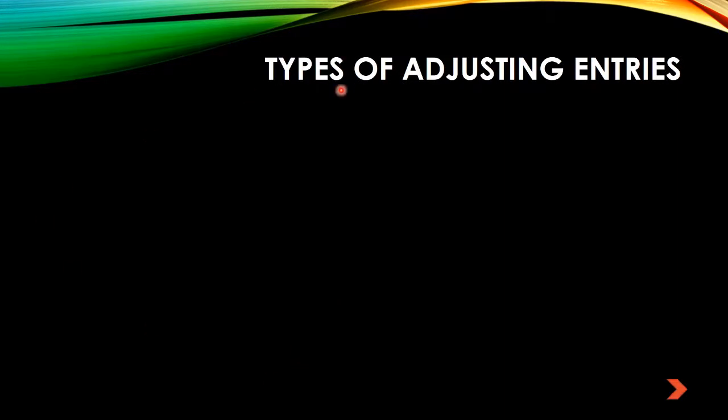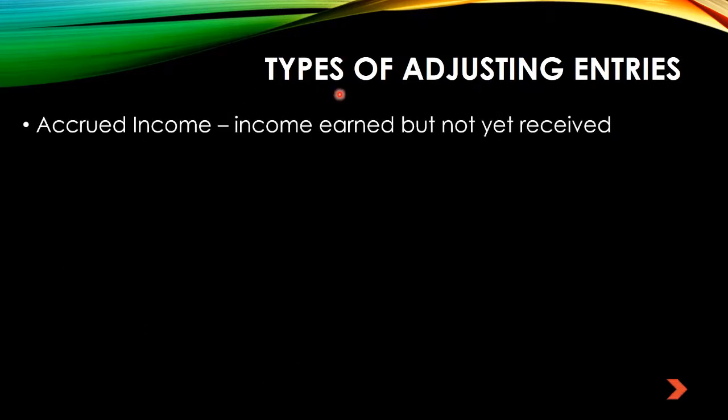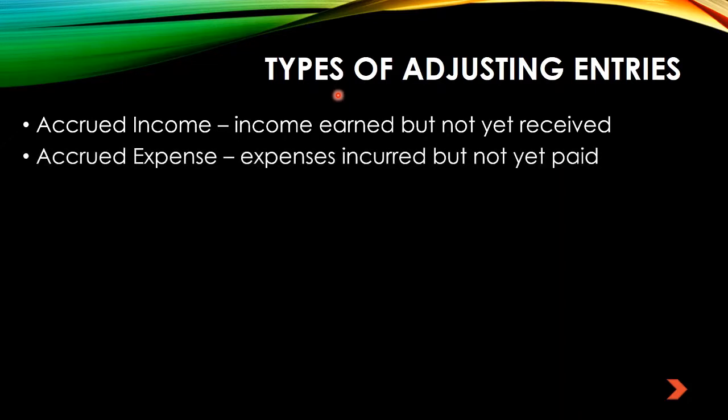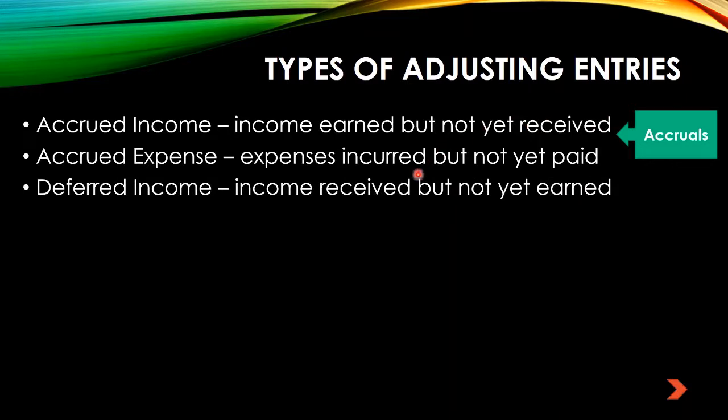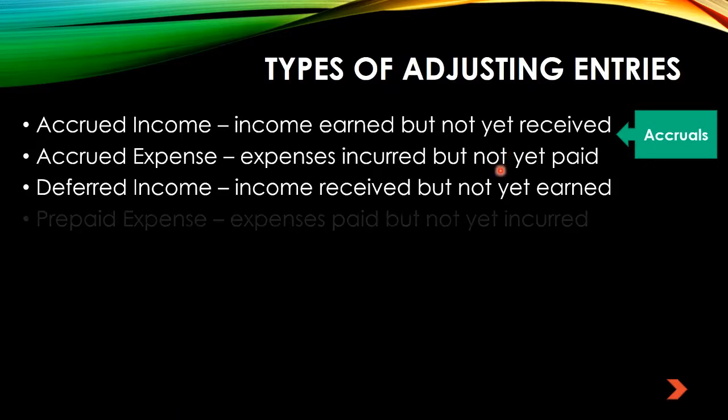Okay, let's have a recap of the types of adjusting entries. So first, we have accrued income. Next, accrued expenses. Generally, this type of adjusting entries is commonly called the accruals. Okay? Next is deferred income, wherein the cash was received but there's no service rendered yet.